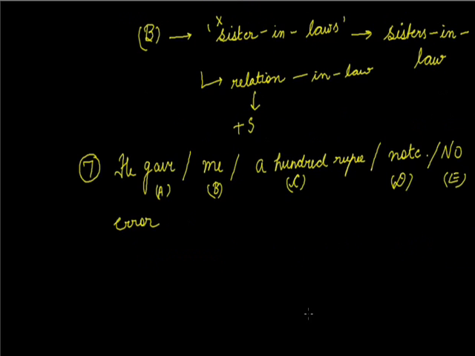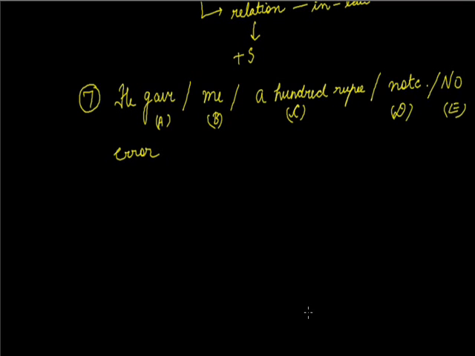He gave me 100 rupee note. Can you tell me which part contains an error? Okay, I tell you. There is no error in the sentence. He gave me 100 rupee note. This C part, 100 rupee note, is absolutely correct. There is no error in the sentence.